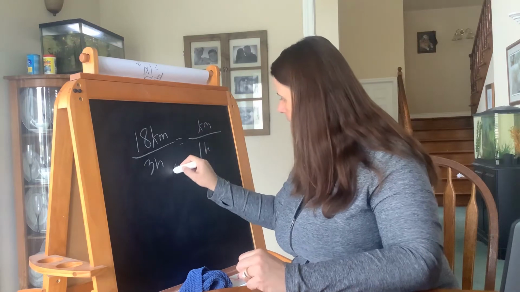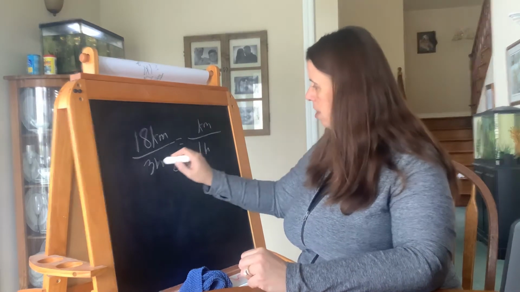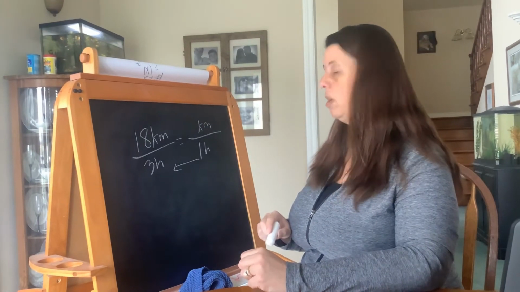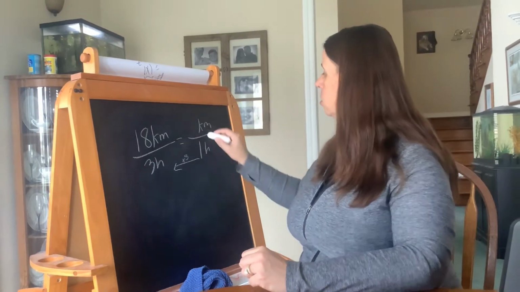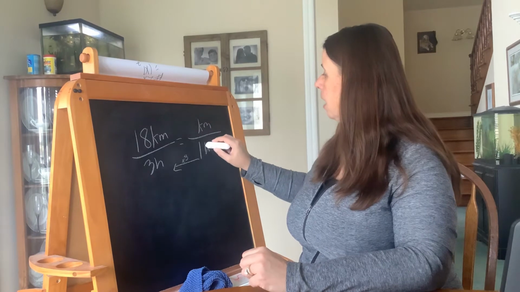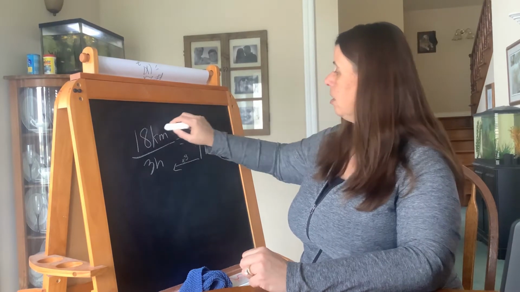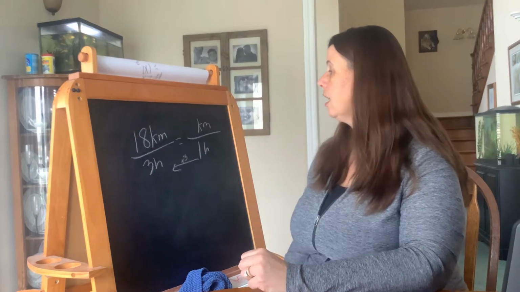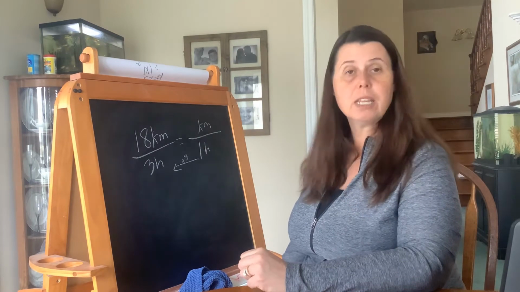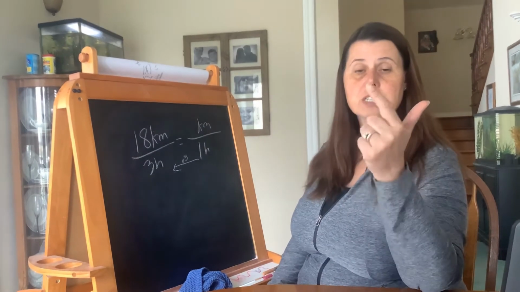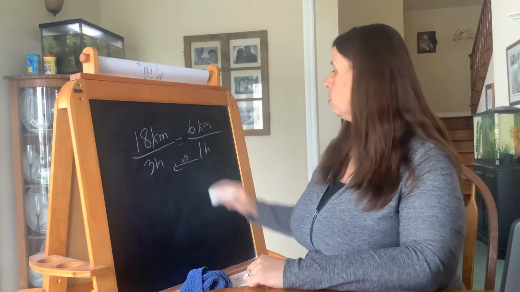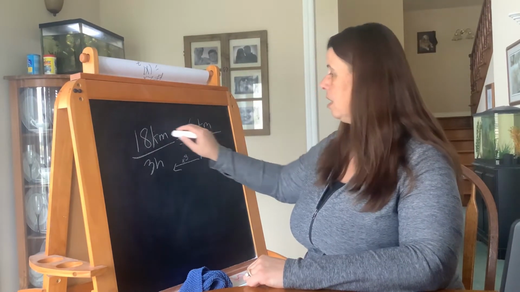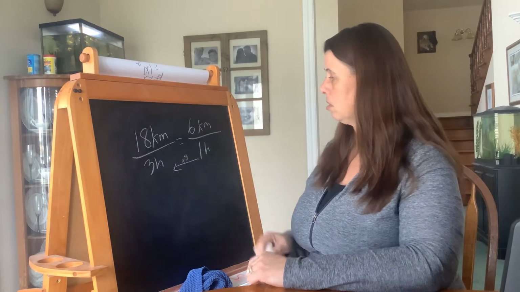So we're going this way. How did I get from 1 to 3? How many 1s make 3? Times 3, right? So this one, I need a number that times 3 gives me 18. So how many 3s make 18? 3, 6, 9, 12, 15, 18. 6. So 6 kilometers in 1 hour is 18 kilometers in 3 hours.